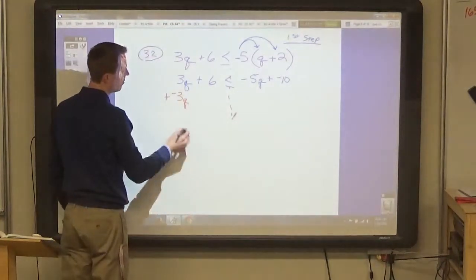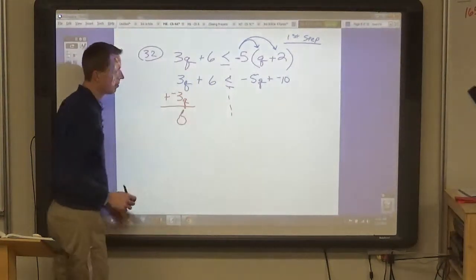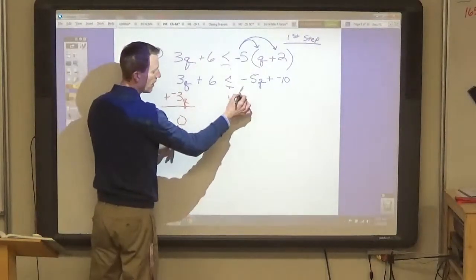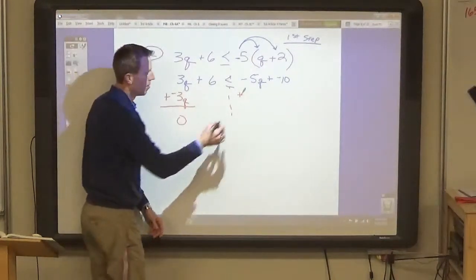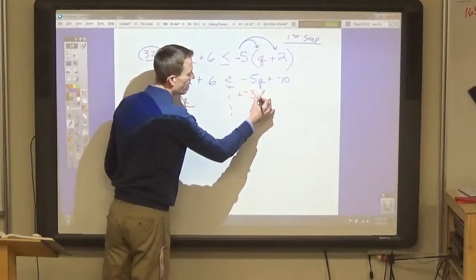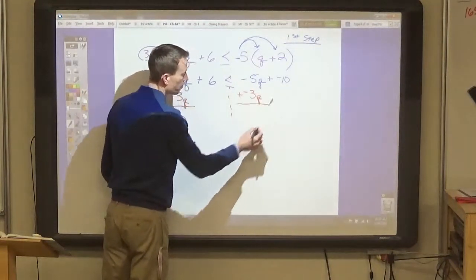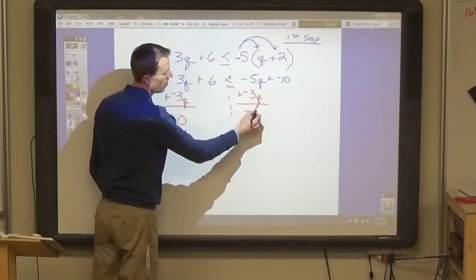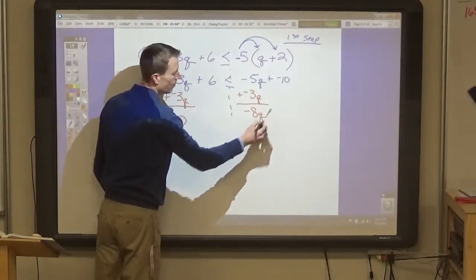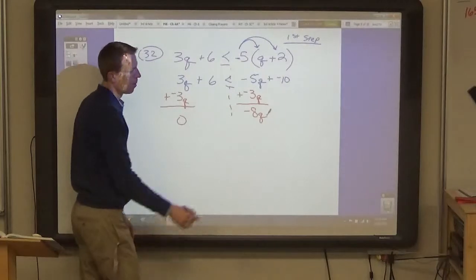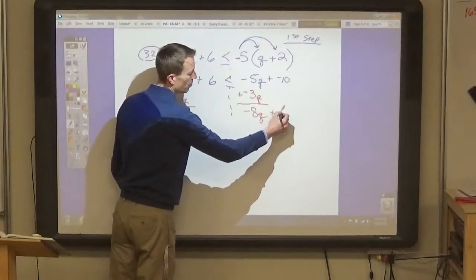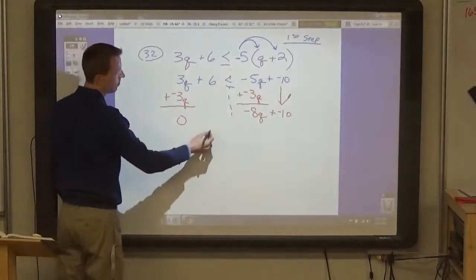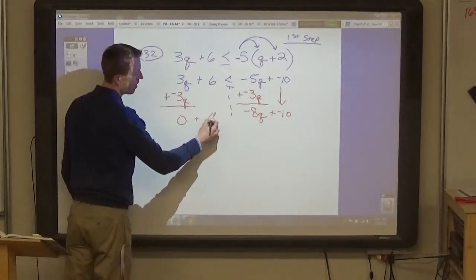Okay? So now we got 0 q's on the left side. And we have to add negative 3q on the right side, which will be negative 8q. And then you drop down negative 10. Good. And you still have what on this side? 6.